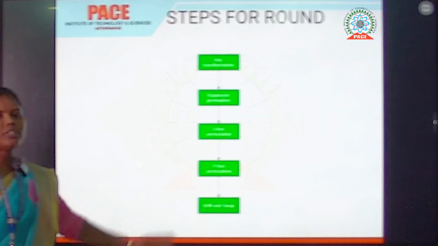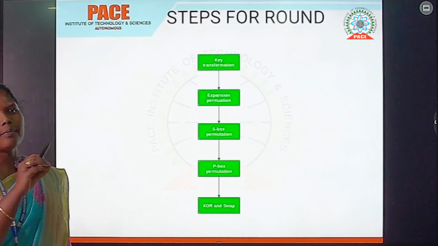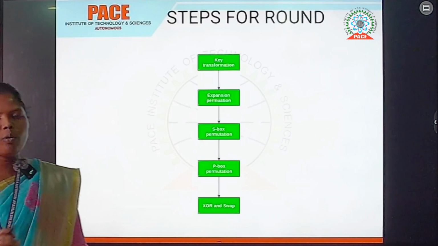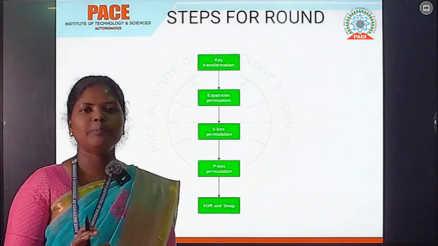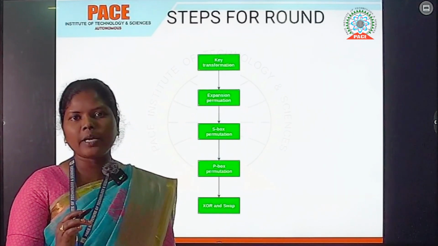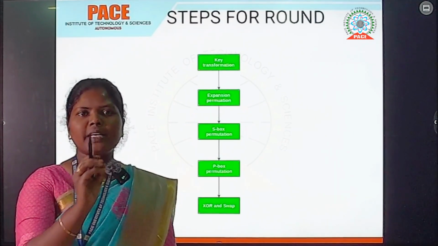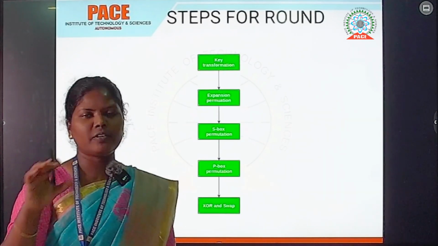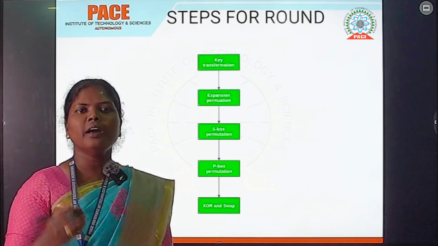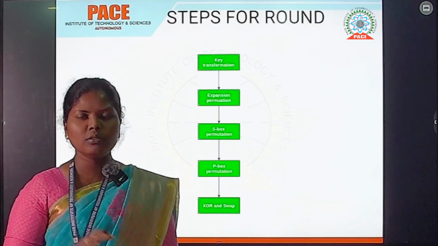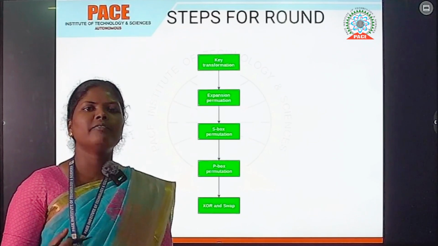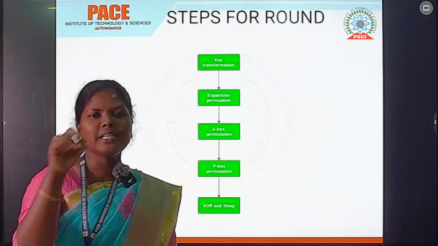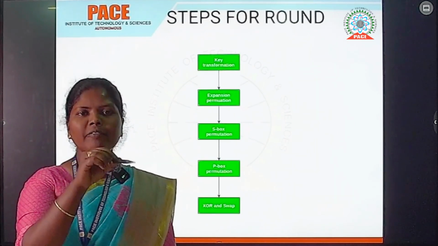First of all, DES has an overall 3 steps. The first step has the initial permutation, IP. The second step has 16 rounds. And the third step has a final permutation, FP. In every round of that particular 16, we are having 5 steps again.